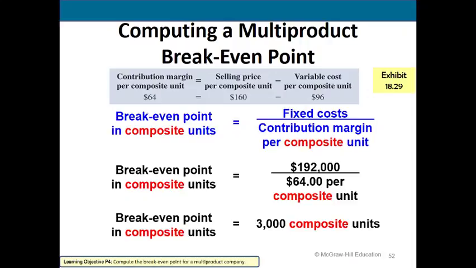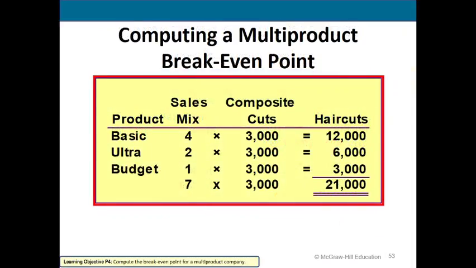And that's going to be your break-even point in composite units. You're simply going to disperse these out at 3,000 composite units times the ratio of 4, 2, and 1 for each cut. And so here we show that.